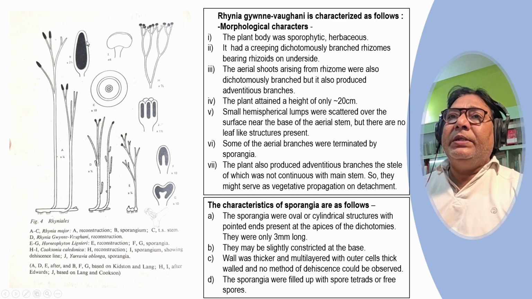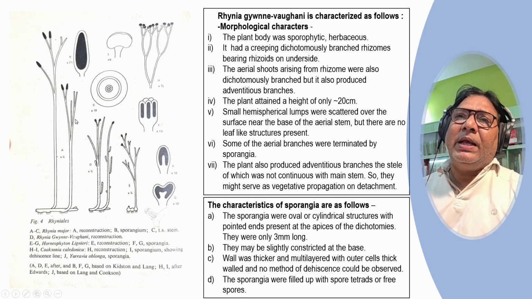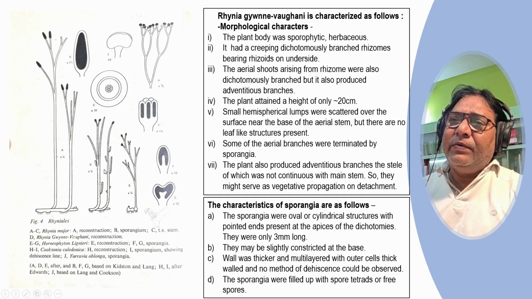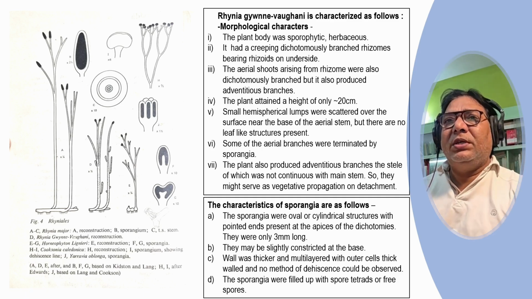And this is the sporangia of Rhynia major. But Rhynia major and Rhynia gwynne-vaughanii have similar structure as far as the sporangial outline is concerned. Overall structure is similar.